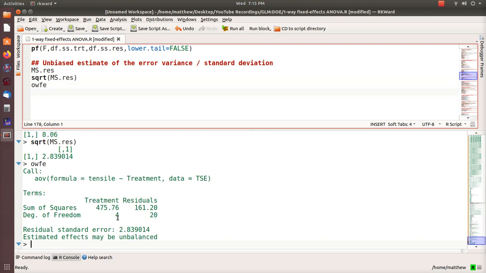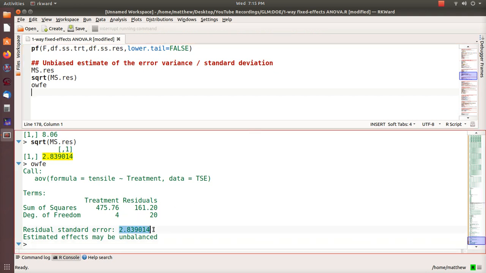Notice we get the sum of squares and the degrees of freedom, but we don't get the mean squares, the F, and the p-value. So we're missing some of that. But I print this because it prints the residual standard error, which is exactly what we got up here, the square root of the mean squared error, or the mean squared residual. So that's how you calculate that.